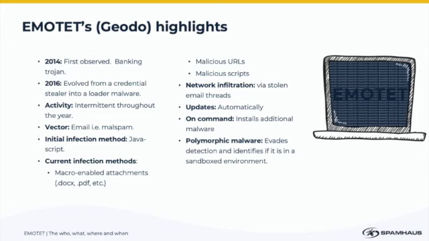Another interesting thing that we see with Emotet is it is hijacking threads of email conversations. So what it does is it gets into somebody's mailbox and it steals all of those emails. It will look through those, and when they see there's a thread going on, they'll insert themselves into that thread and provide some type of update to try and trick the user into clicking on a link or downloading a file.